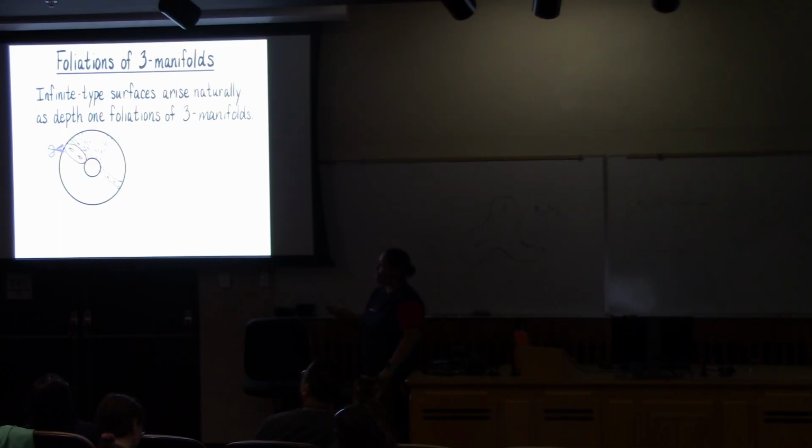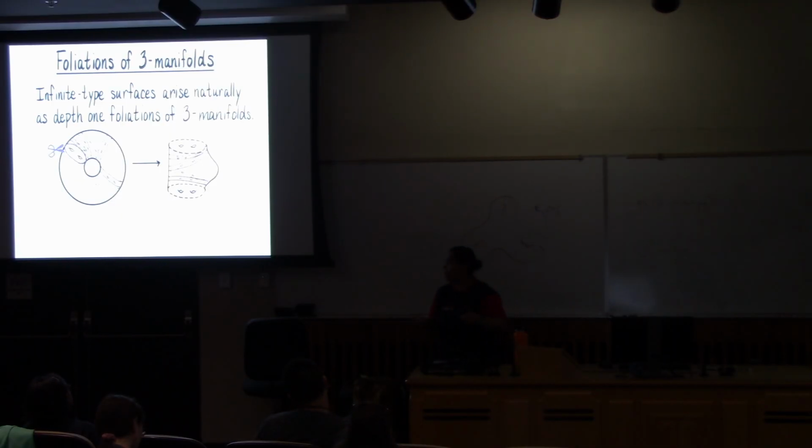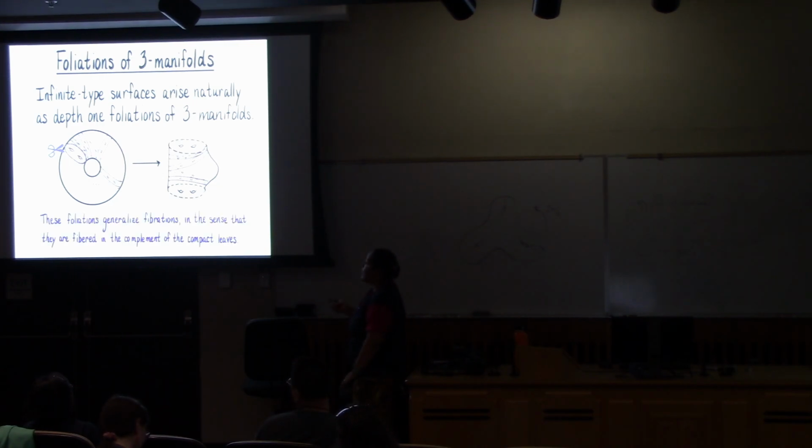And it turns out, if we think of cutting along the compact leaves of a depth 1 foliation, we end up with pieces which are now fibered 3-manifolds, where my fiber isn't a finite type surface, like that mapping torus picture I showed you before. It's actually an infinite type surface, okay? And so this is the way that you can think of these foliations as generalizations of fibrations, because they're fibered in the complement of the compact leaves, okay?